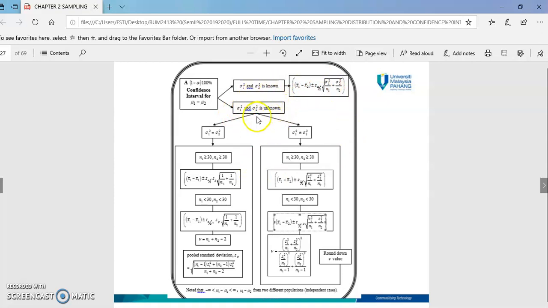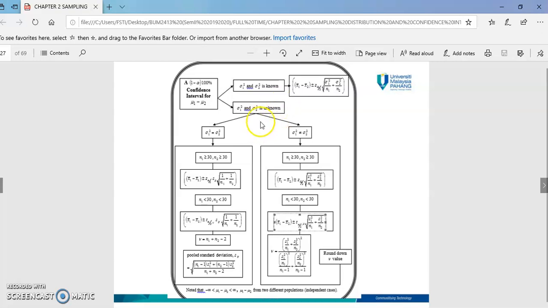Okay, the second. Our first condition is known or unknown. The unknown case means that you have S1 and S2 in that question. If you are given data, it is always sample data.